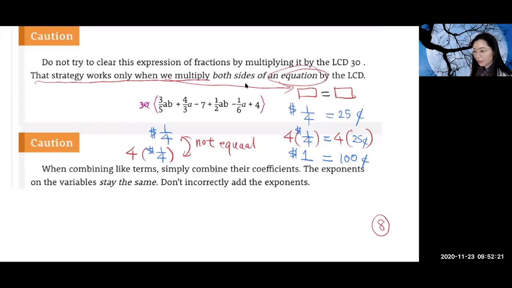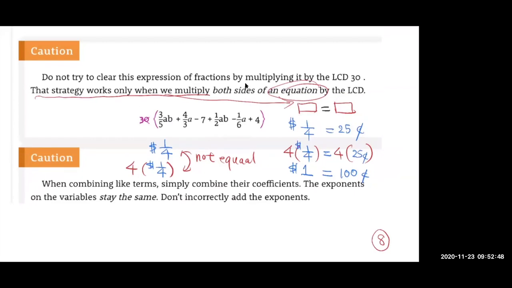So if you multiply this expression by 30, you're making this expression 30 times as big as before. So you're changing it. So it's not okay. But if it's an equation, when you have both sides, left side and right side, you can multiply both sides by the LCD. But when an expression has only one side, you cannot multiply by the LCD. You have to keep the denominator, okay?